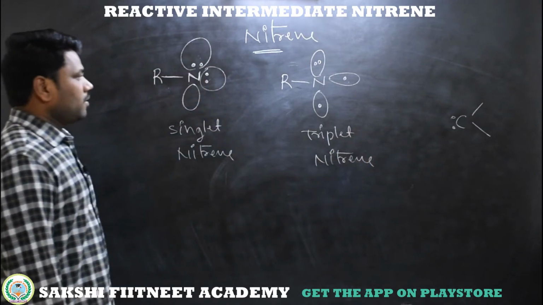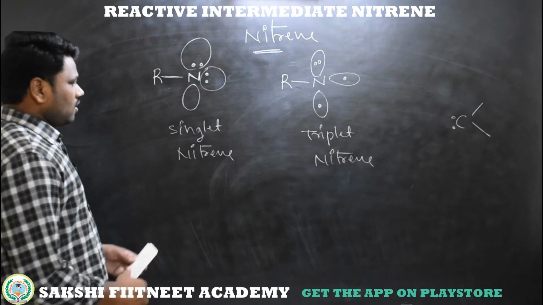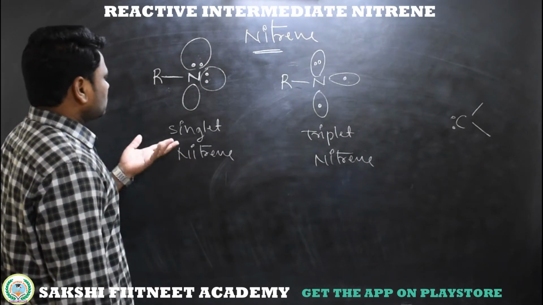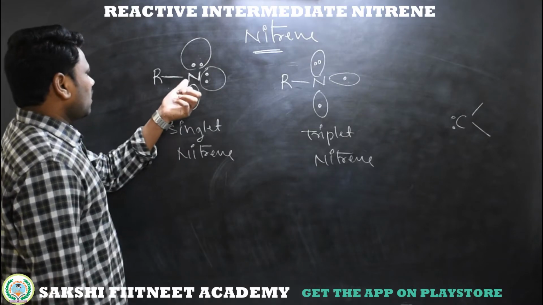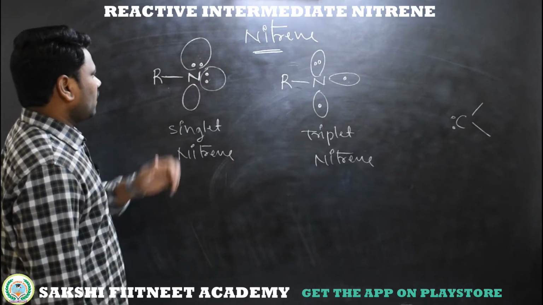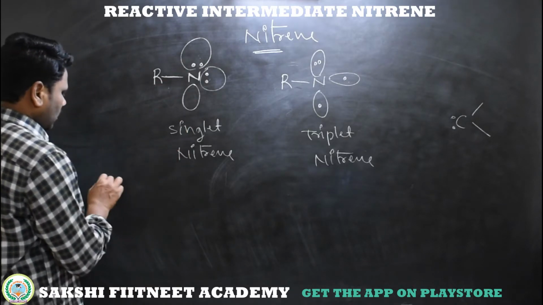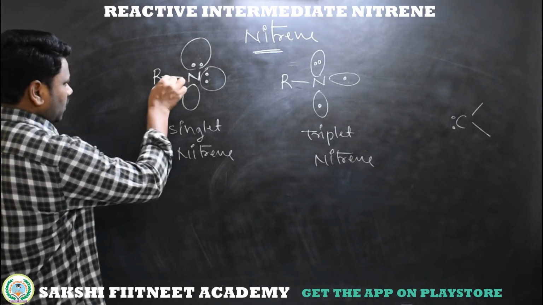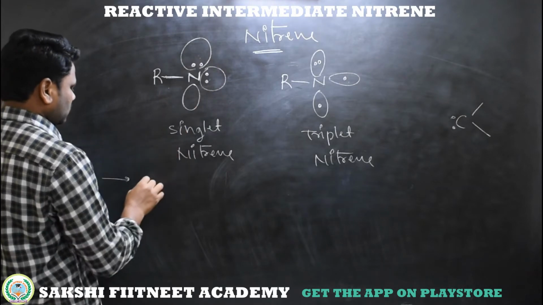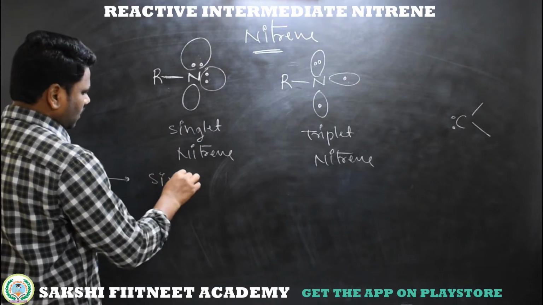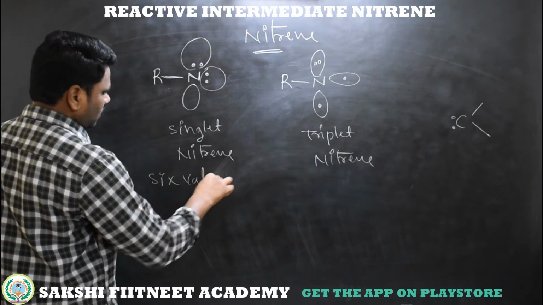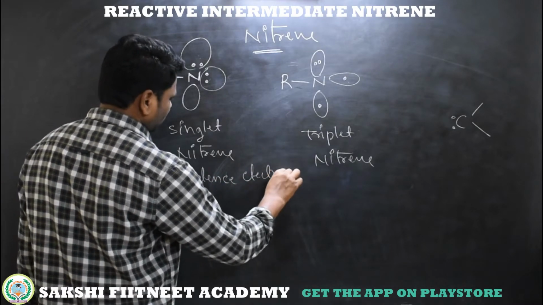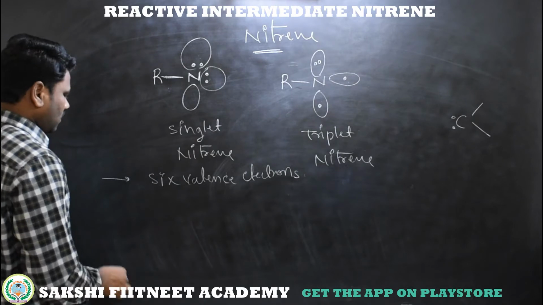The common feature of singlet nitrene and triplet nitrene is that nitrogen has one bond pair and four electrons. One bond pair means two electrons, plus four electrons, so six valence electrons are present around the nitrogen.